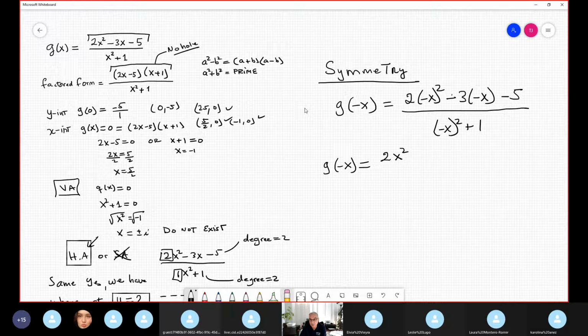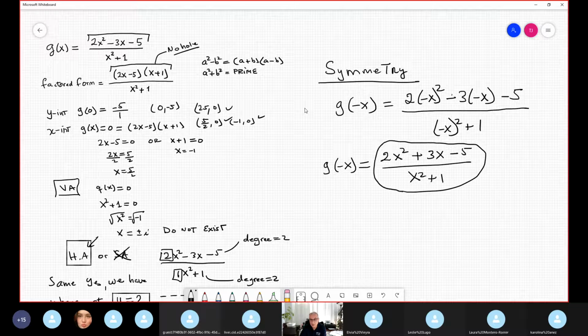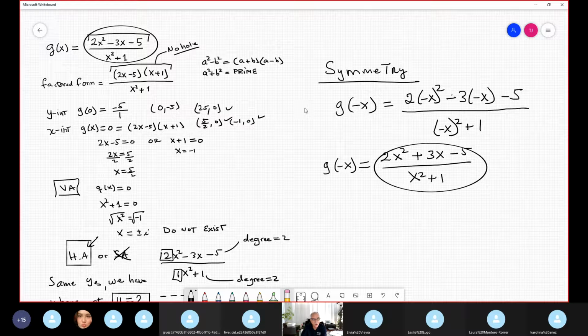Nice. But double negative becomes positive, minus 5 over x squared. When you compare this new expression and the original, I can see, wow, looks similar, but not exactly the same. So obviously not even.